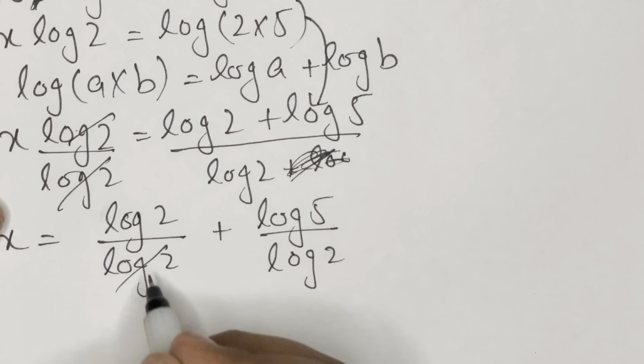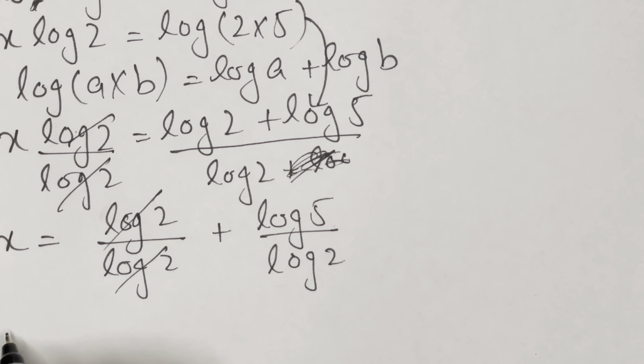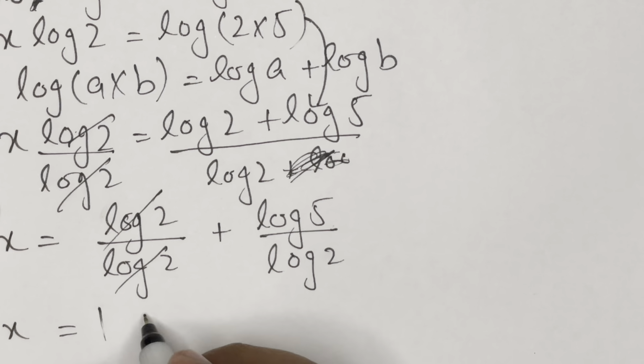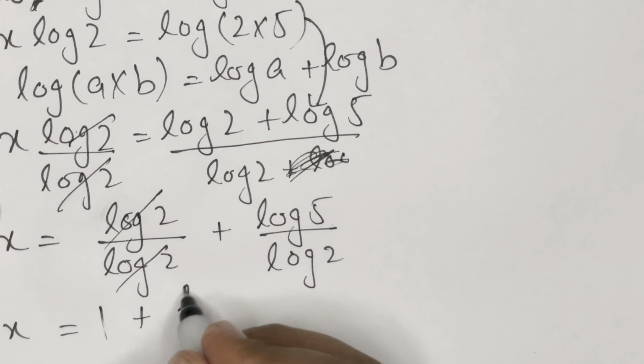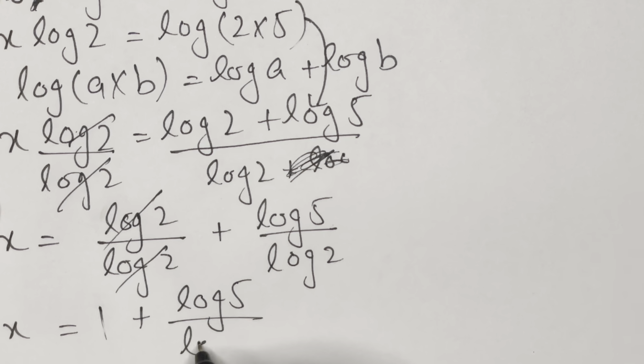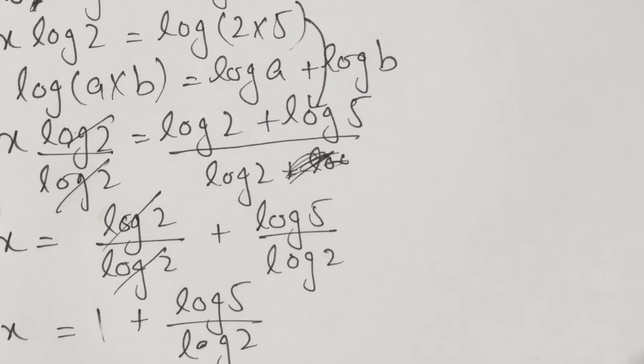Now I can cut this and I can write like that: x equal to 1 plus log 5 over log 2.